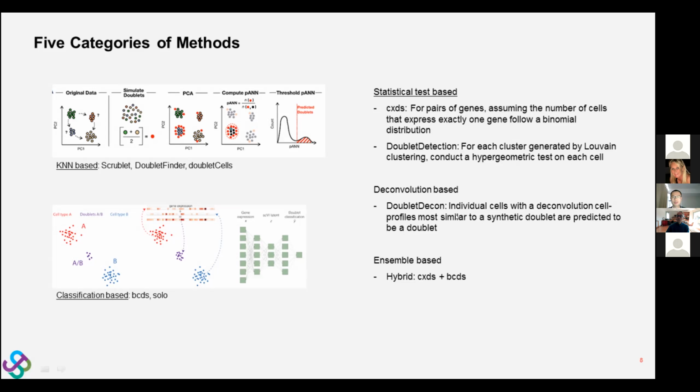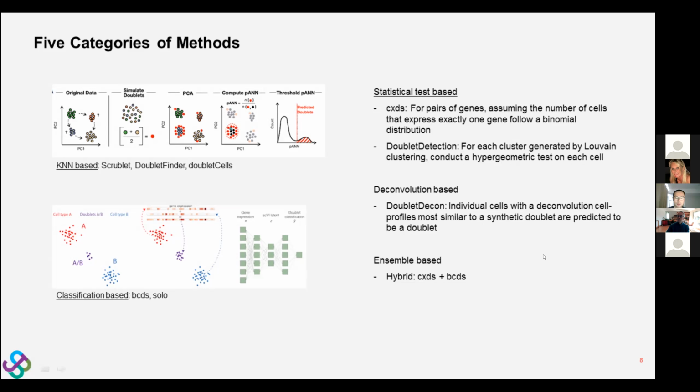The next one is the deconvolution-based method. Still, you first form artificial doublets, and then you do the deconvolution on the original data set and the doublets, and try to see, based on the deconvolution space, which cells are closer to each other. If a cell is more similar to doublets, then it's more likely a true doublet.